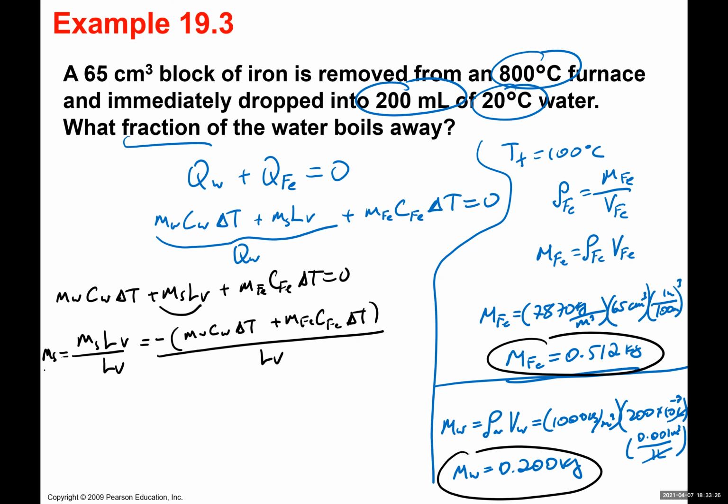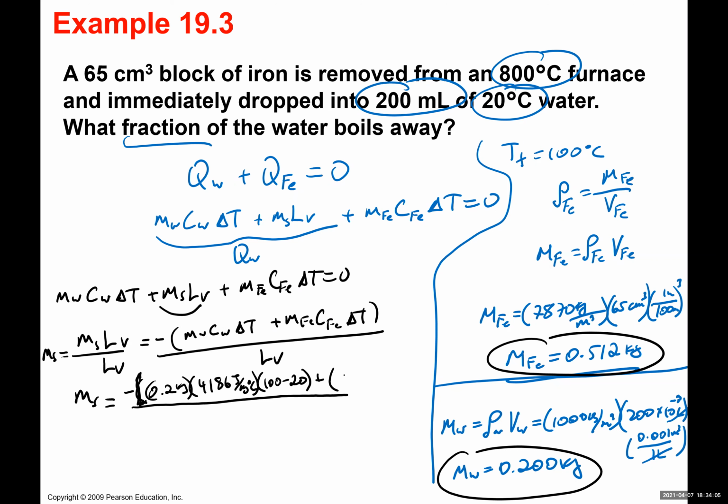Okay. So from here, mass of the steam is equal to, so negative, then I can plug in the values, right? So here I can have 0.2 kilogram for mass of water, 4186 joules per kilogram degrees Celsius. Then change in temperature will be 100 minus 20. That's because my final is 100 degrees, right? So plus, remember, I'm basically using a bracket here.